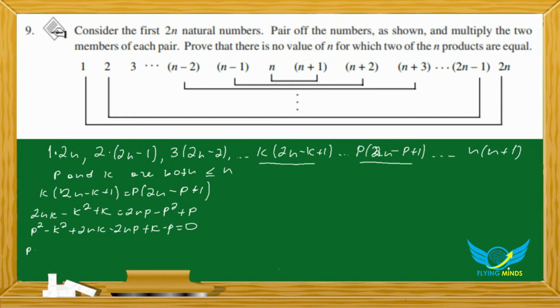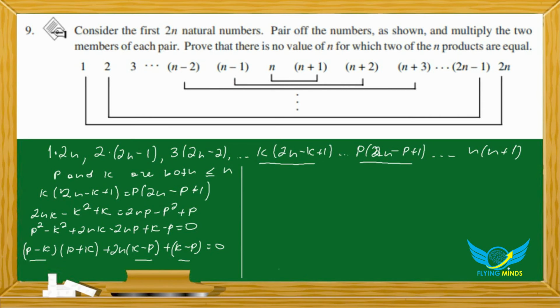Then p minus k times p plus k. Here we have 2n times k minus p plus k minus p equals 0. Okay. Then we have a common factor p minus k, right?